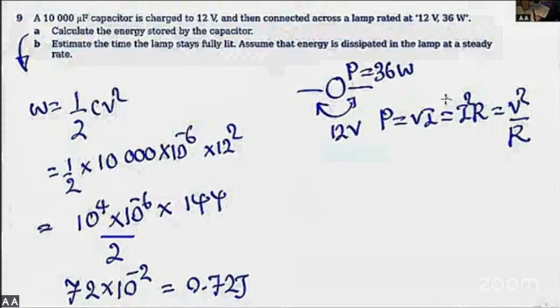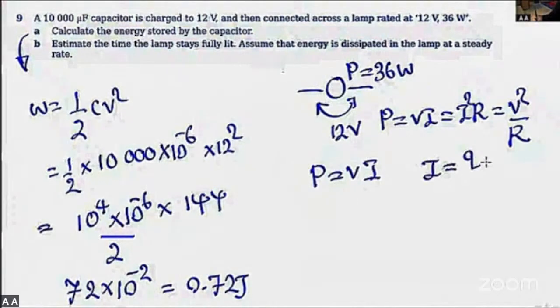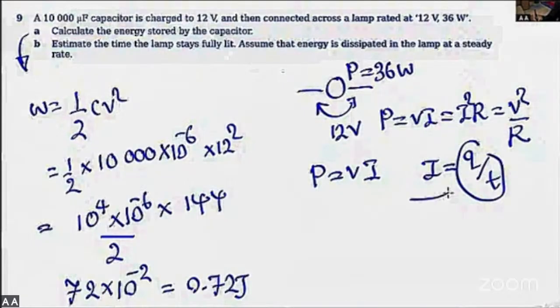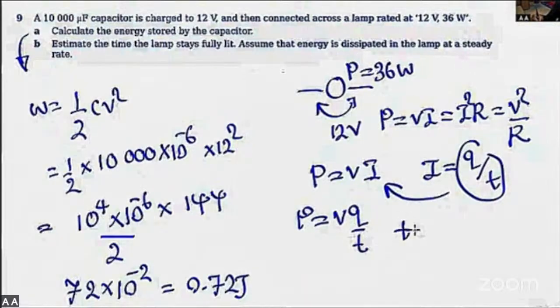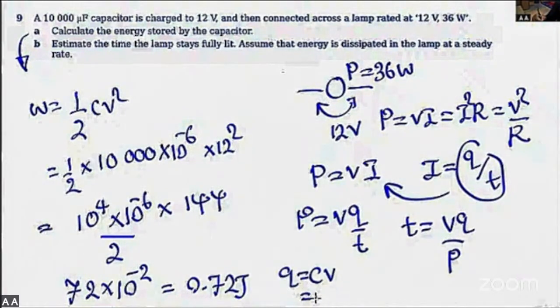Here we don't know the value of R. Then we can use P equals VI. Current equals Q over T. Then instead of I we can substitute Q over T. P equals V Q over T. Then T equals, this is the time taken, T equals VQ over P. Then Q here, the capacitance is 10,000 microfarad, voltage equals 12 volt.